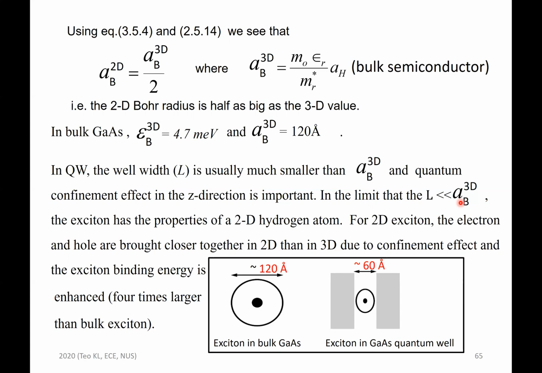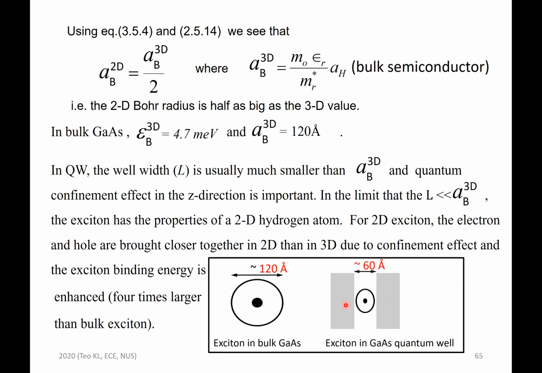Then the exciton will have the property of a two-dimensional hydrogen atom, which means that in the quantum well, you are bringing the electron and hole much closer together in 2D compared to 3D, because the exciton inside the well is squashed by the two walls, which are your potential barrier.